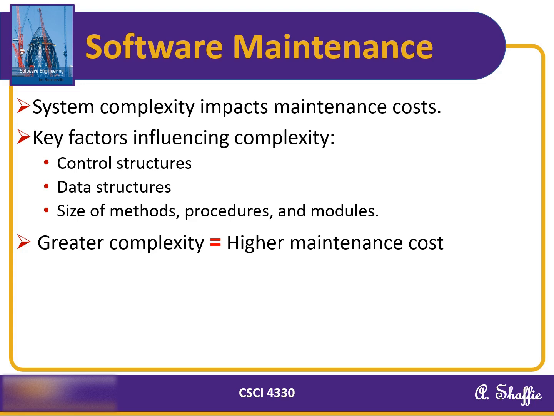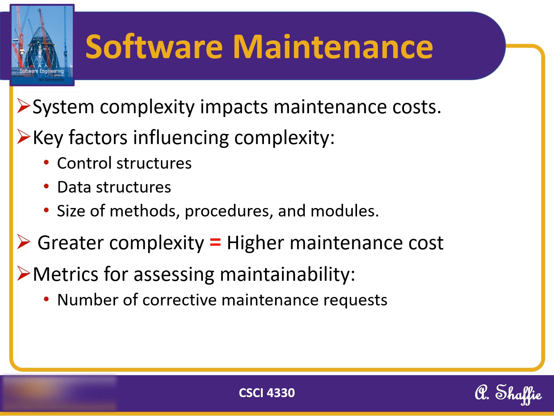But how do we determine if a system is complex or maintainable? We use some metrics to assess maintainability. Here are a few examples. First, the number of requests for corrective maintenance. If this is increasing, it may signal declining system quality. The average time required for impact analysis.